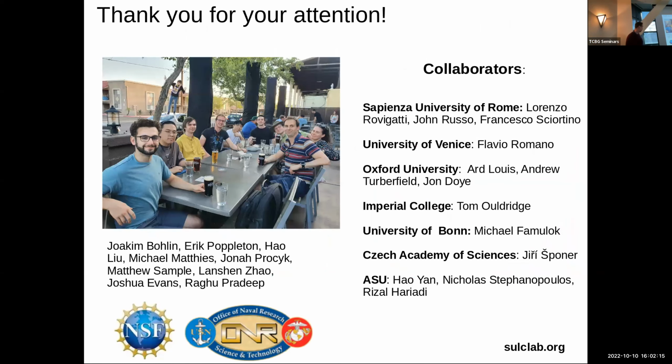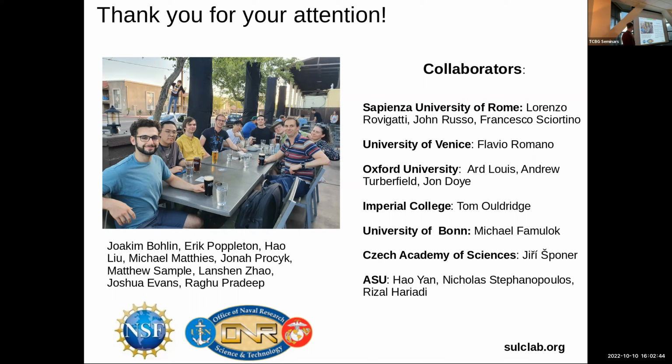Okay, so that concludes a random walk through some of the recent applications of our software tools. The work I presented, the metamaterial lattice, was done with my colleagues in Rome, Lorenzo, John, and Francesco, and in Venice, Flavio. The original model and some of the subsequent applications were developed in Ard Louis and Jonathan Doye's groups, together with Tom Ouldridge, who's now professor at Imperial College.